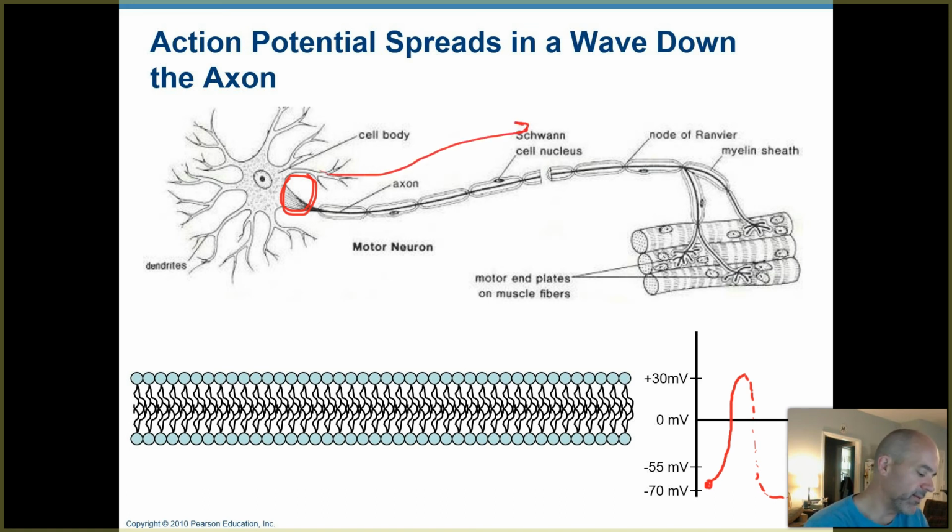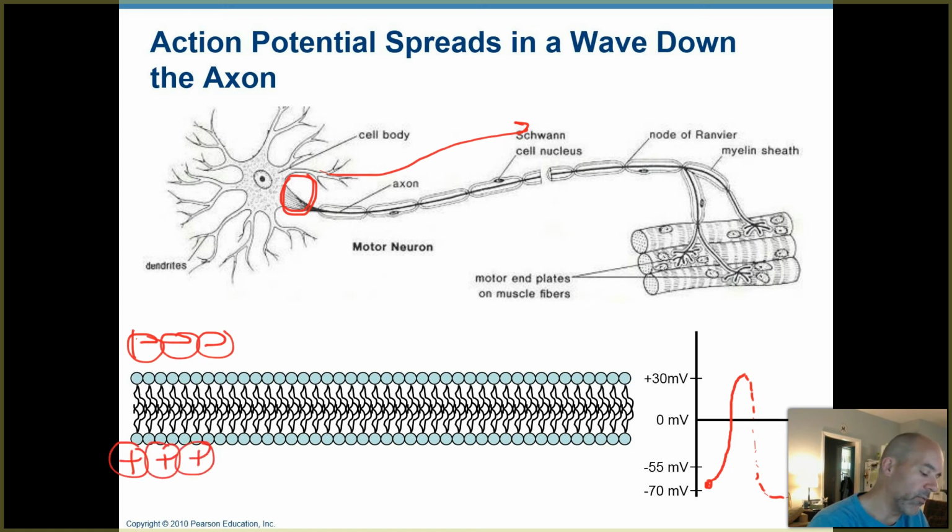So what happens is, let's say over here in the axon hillock, you've had an action potential generated. In that case, the outside becomes temporarily more negative. The inside is temporarily more positive.